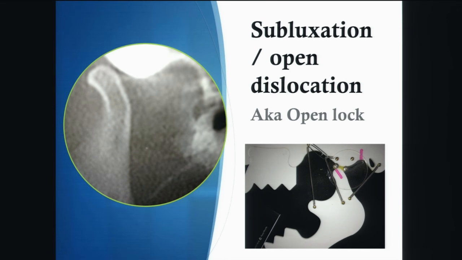So the more people try to close their mouth, the less likely they are to, because the pull of the muscle does not allow the jaw to go back. This is fairly rare, but it is an emergency because you cannot eat, you can hardly swallow, you cannot talk. And it necessitates medical attention to reduce.